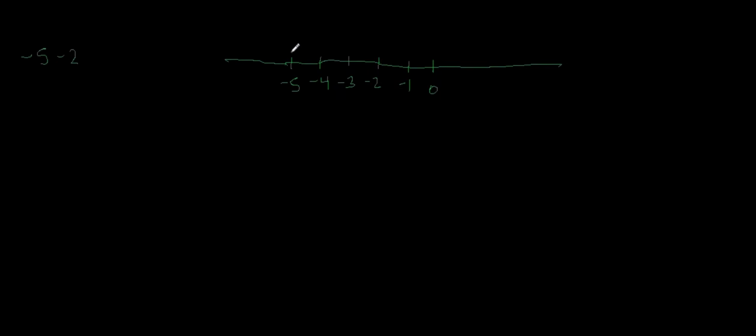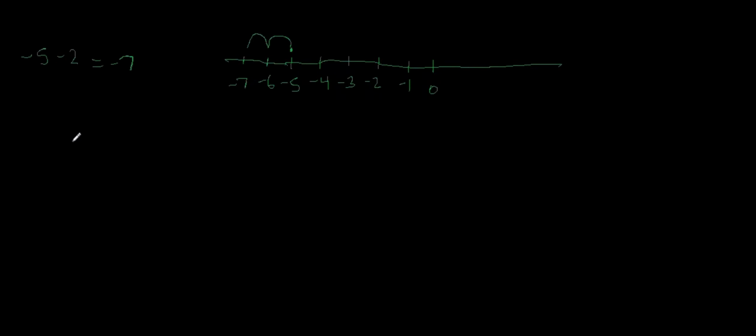So I'm at negative 5 and I'm taking away 2. The rule says when we're subtracting, we move to the left. If I move one space, I would be at negative 6. If I move a second space, I would be at negative 7. So here we have negative 7.